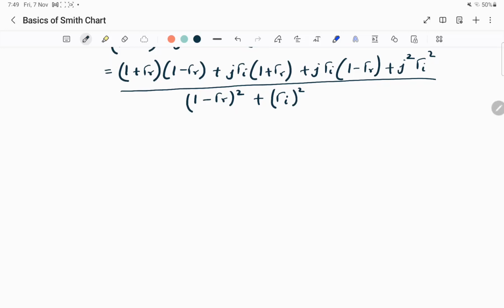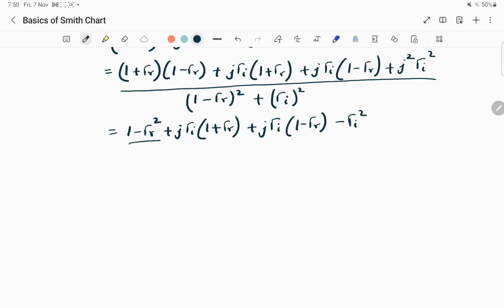Now since j squared is nothing but minus 1, we can just write it as 1 minus Γr squared plus jΓI times (1 + Γr) plus jΓI times (1 − Γr) minus ΓI squared, whole divided by this denominator, which is (1 − Γr) whole squared plus ΓI whole squared.